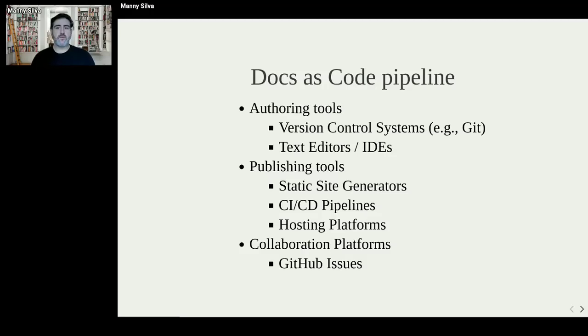These tools would include version control systems like Git, text editors or IDEs for content creation, static site generators for rendering, and CI/CD pipelines for automated builds and deployments, and you've still got your collaboration platforms for team coordination.